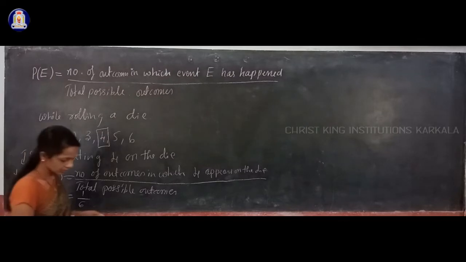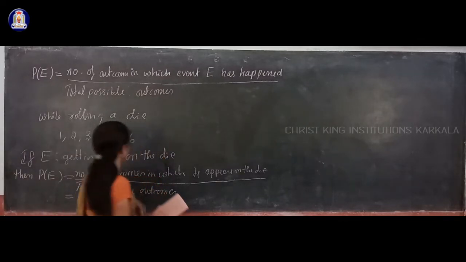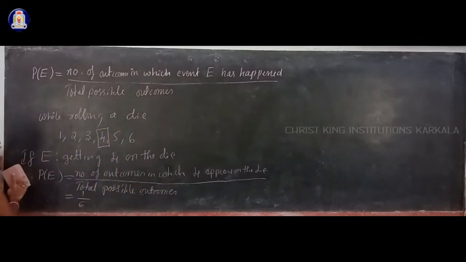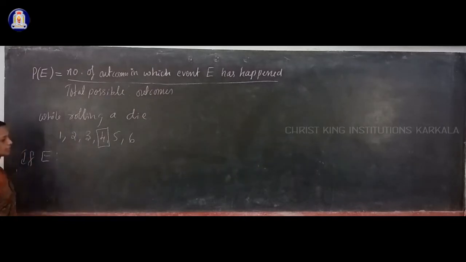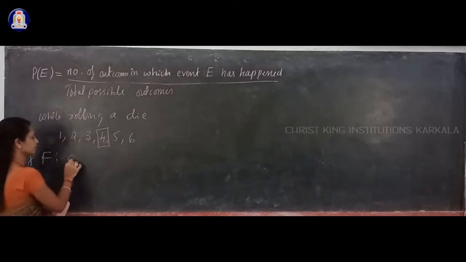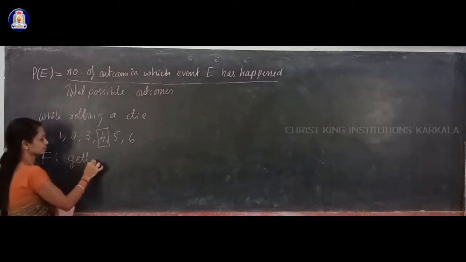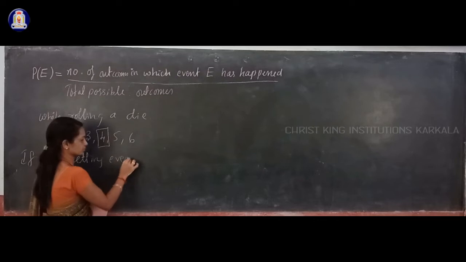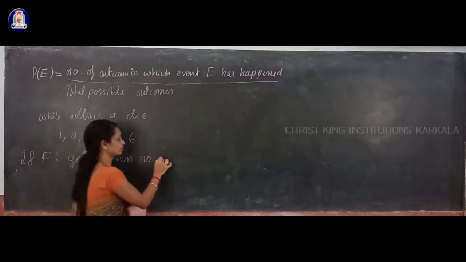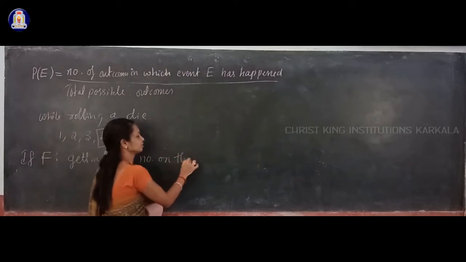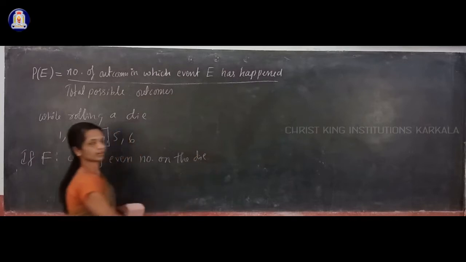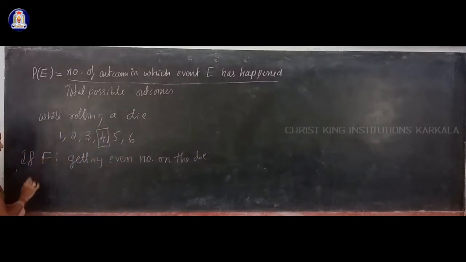Suppose we take an event for the same experiment like this. I'll take an event F, that is getting an even number on the die. So then how to calculate the probability of this event?